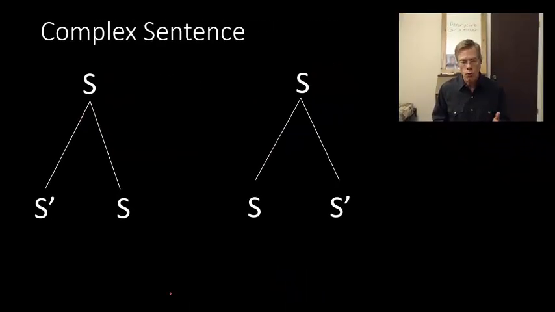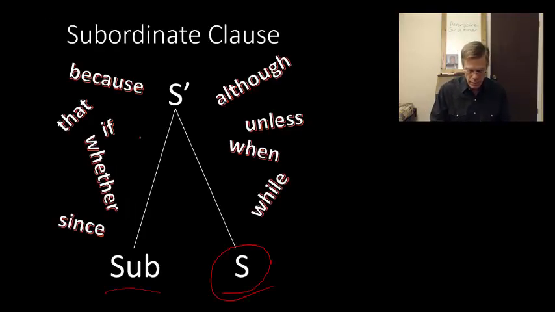And then once you have a subordinate clause, and we're going to label those with this little prime symbol. For historical reasons, we call that a bar in linguistics. So we call that an S bar. That's just my notation so that we know that that's a subordinate clause. So you saw that in the previous one, subordinator plus an S forms a subordinate clause.